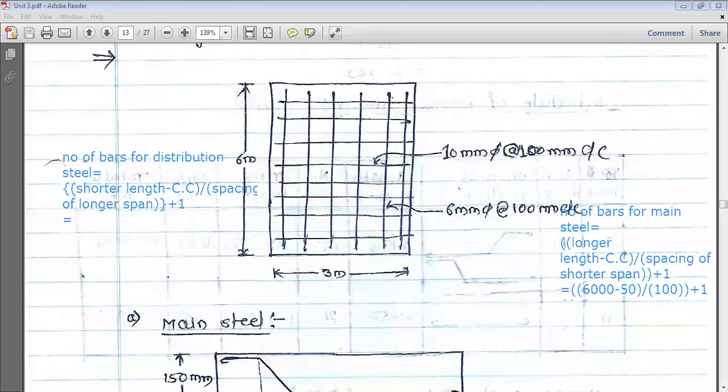I will ask someone. Sanjeevani, what is the answer? Number of bars for the distribution steel. Amit ji, what is the answer? Roll number 38. Then only few students are there today. All other remain absent.